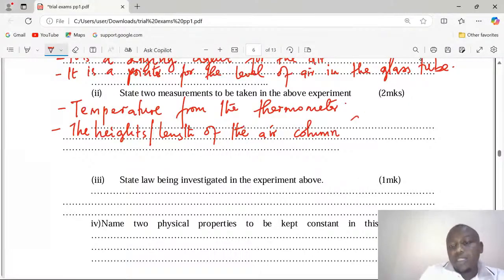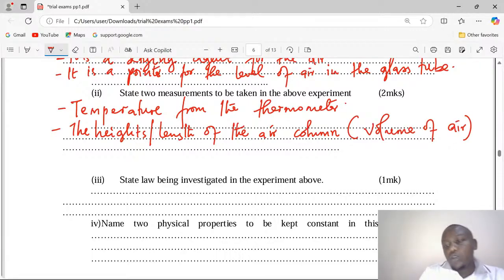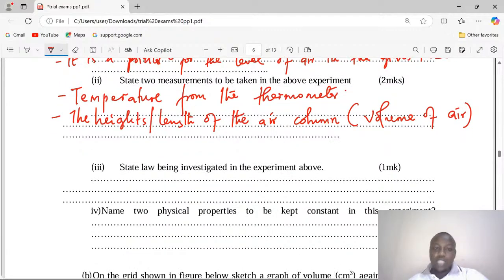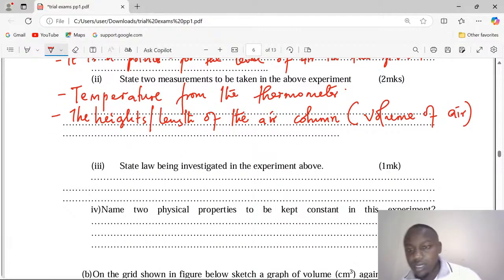You know, the air column is the one now to represent the volume of air. So when the column is small, volume has decreased. When the column is high, volume has increased. So those are the two basic measurements in such an experiment.